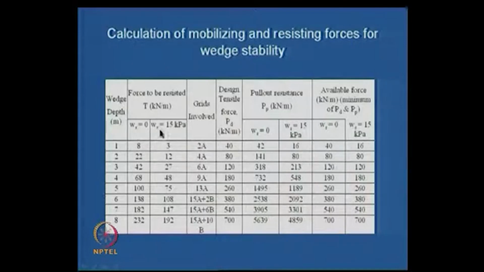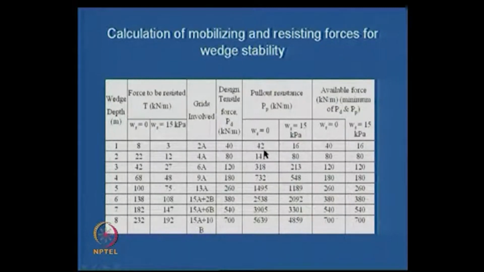This is without surcharge and with surcharge. You have to calculate 2 things, because particularly pull out resistance is somewhat different if there is a surcharge, and if there is a surcharge, it is lesser. So, you have to take lesser values. Suppose here you get 42, right.